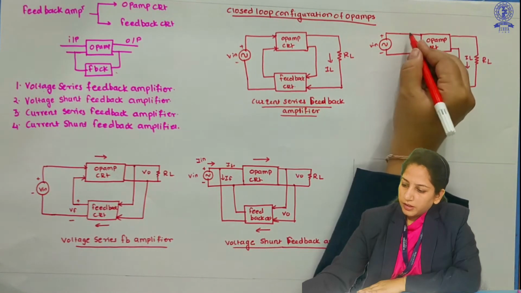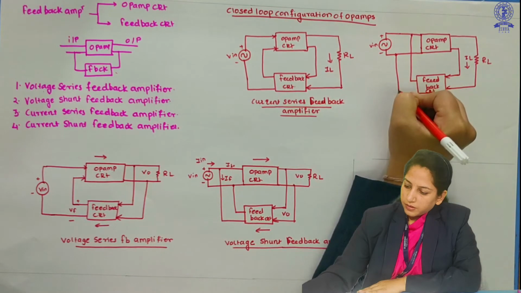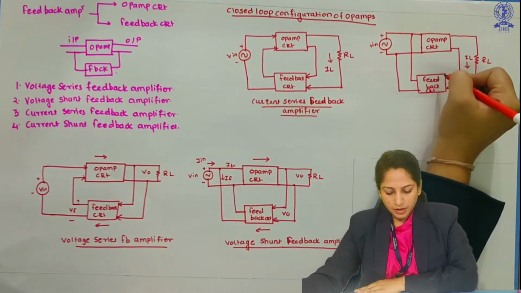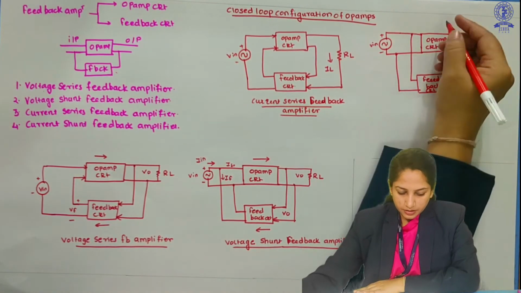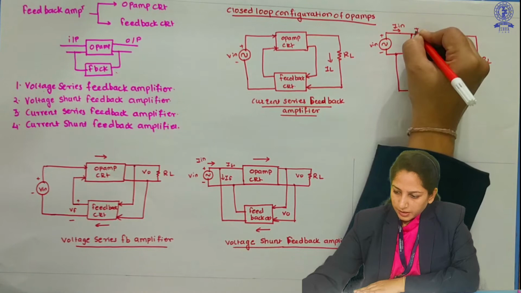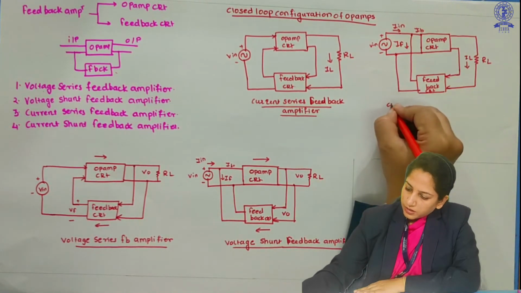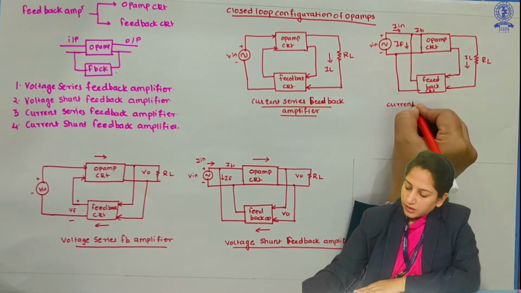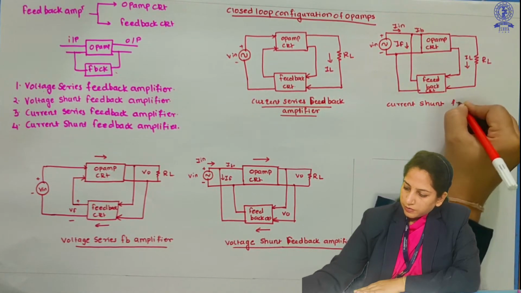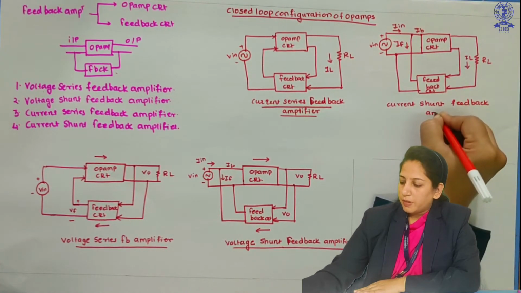So here I will connect this in a shunt way. As I told, here is a feedback circuit, similar to this. So here will be I in, here will be IB going, and from here IF current will be going. So this is current shunt feedback amplifier.